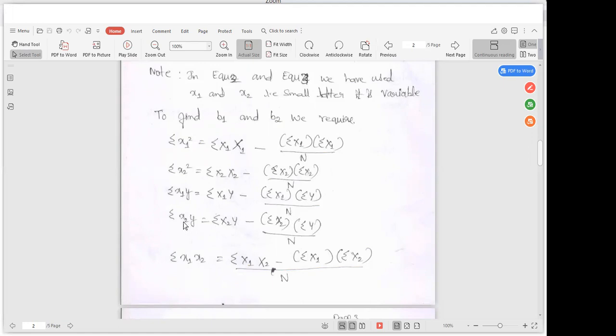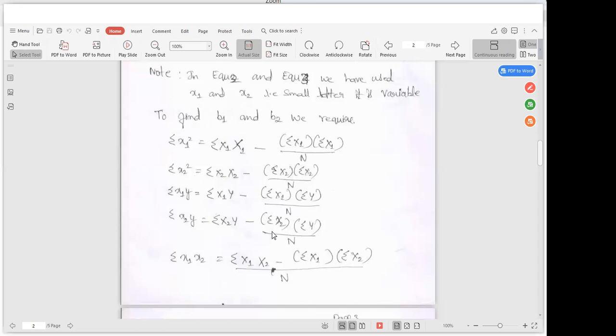Similarly, small x2y is summation of x2y minus summation of x2 into summation of y divided by n. And small x1x2 is summation of x1x2 minus summation of x1 into summation of x2 divided by n. Here n is not a denominator for the whole, it is a separate one, like how we had written it here.